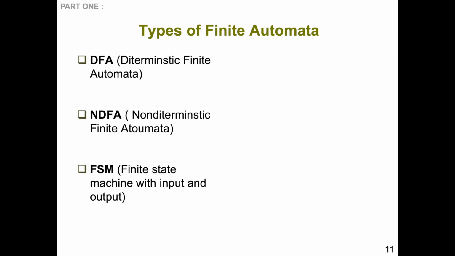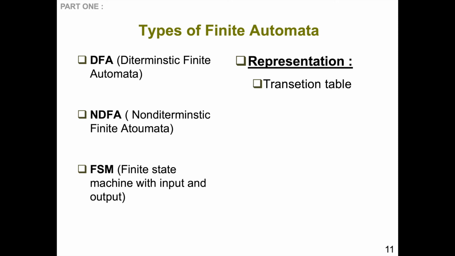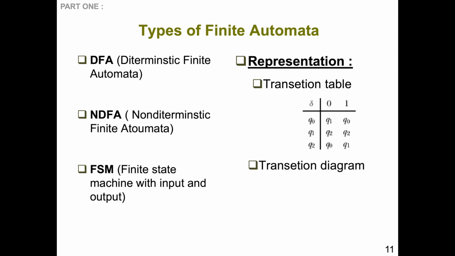In our lecture today, we will discuss the Mealy state machine. How can we represent those types? Either we use the transition table, and we will see what we mean by transition table in depth once we go to the types, or using a transition diagram.